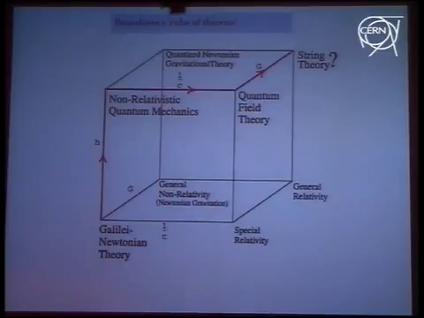We go to fast systems and switch on relativistic effects, and you go to quantum field theory, which is the subject of these lectures. But if you switch on the gravitational interaction, you go to a theory of gravity, and the most promising one, perhaps, is string theory, and there will be some discussion of where that goes. So this is trying to put into context where we are in these lectures. I'm on this plane, on this face of this cube, but ultimately we'd like to get to this point.